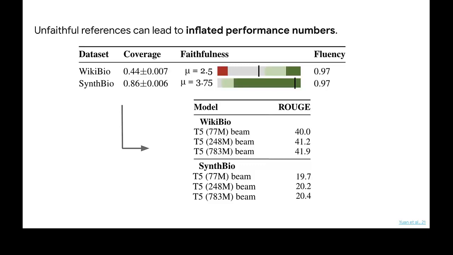We ensured that the coverage and the faithfulness were much, much higher than the original dataset. And suddenly our scores, according to Rouge and also other metrics, dropped by half. So really, the unfaithful references are not only confounding our results, they're also leading to very inflated performance numbers, which we then see in terms of how human performance is reached in different tasks. And the models are actually much, much worse.